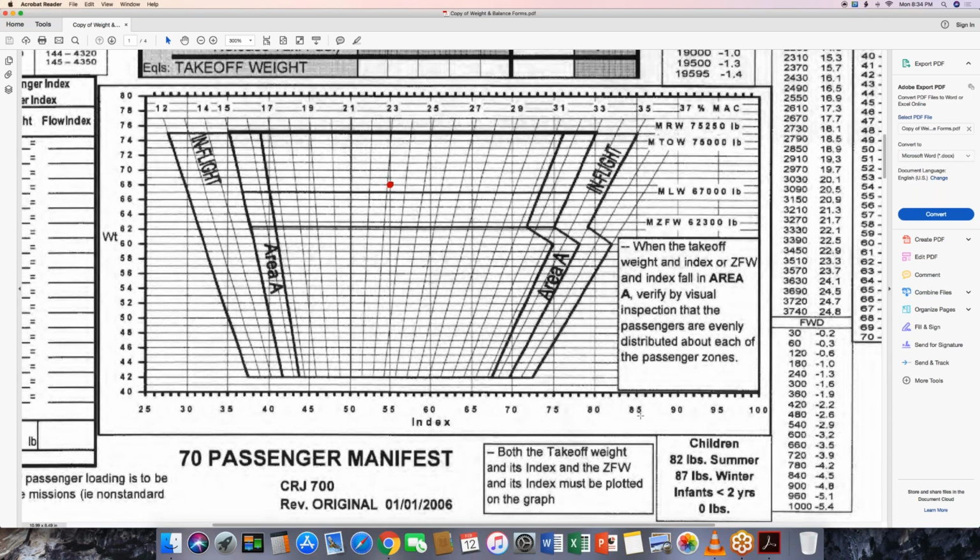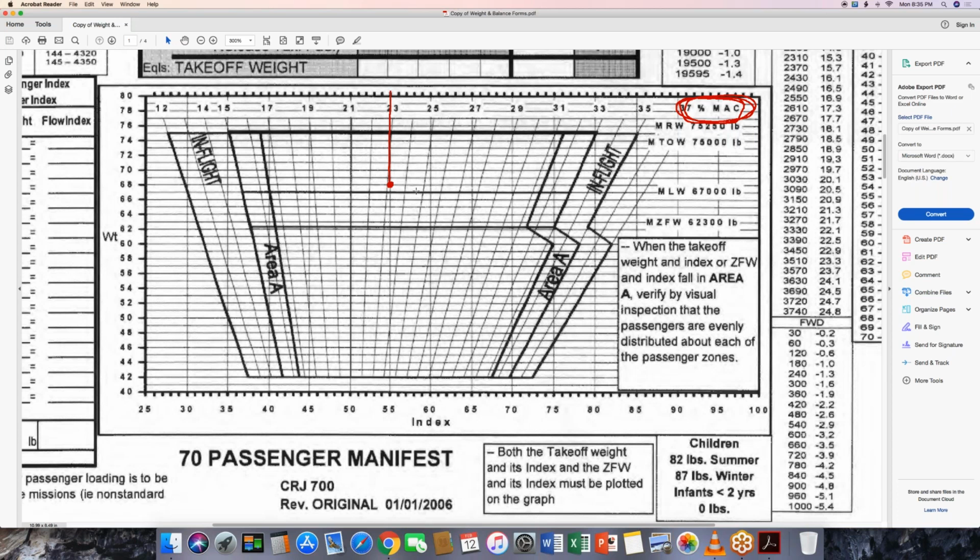So what we do with these performance cards is we need to find our percentage of MAC. You can see it up in this corner, this percent of MAC. The way we find that information out is super hard, but we're going to teach you how to do it. Follow along real closely.